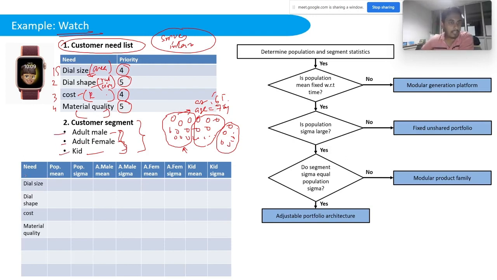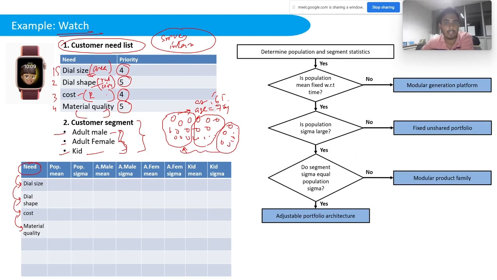Then you make a table out of it. You keep the need at the extreme left side, and then you write down the population mean. For example, the dial size, if you consider area. I already told you how to measure the mean: you add up all the dial sizes in your study and divide by the number of studies, and you get the population mean.